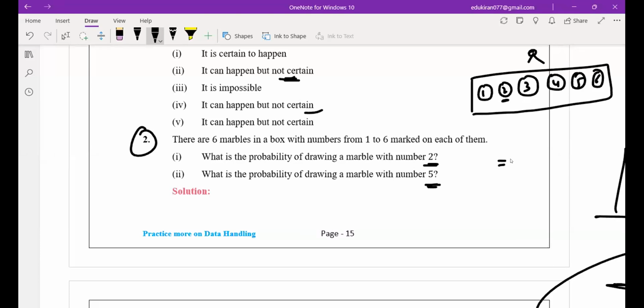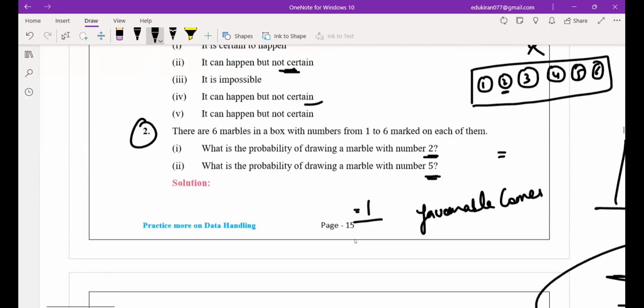Tell me. 1 by 5. Tashin, what do you think? You remember the formula? Favorable outcomes. So how many favorable outcomes are there? How many 2's are there? Only one 2 is there, right? How many total number of outcomes are there?